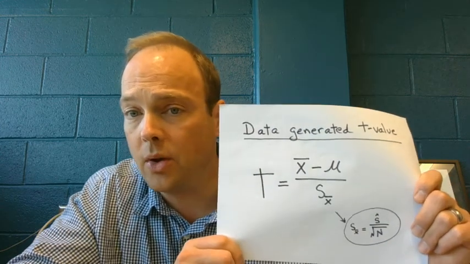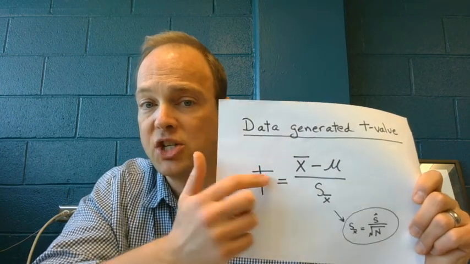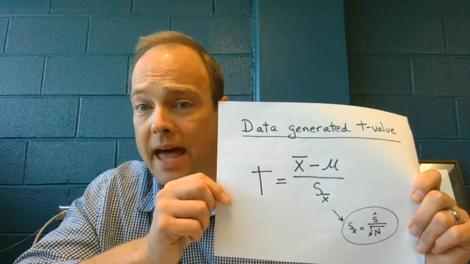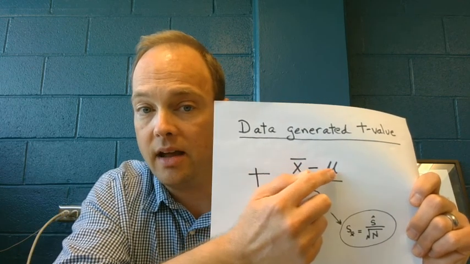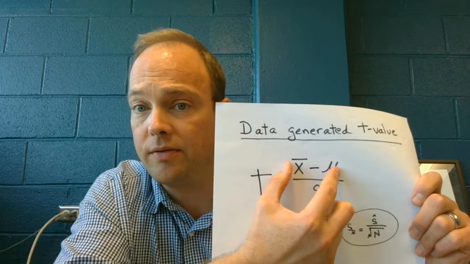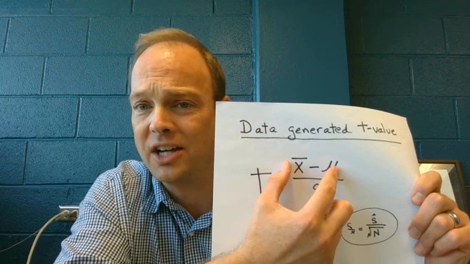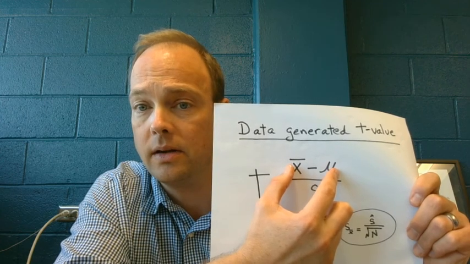So essentially, you are finding the actual raw mathematical difference between two things, a sample mean and an assumed parameter. You're just subtracting those two things and finding the literal mathematical difference between them.